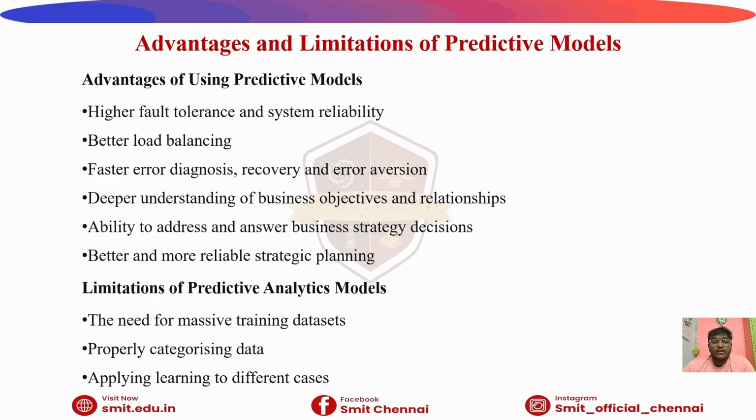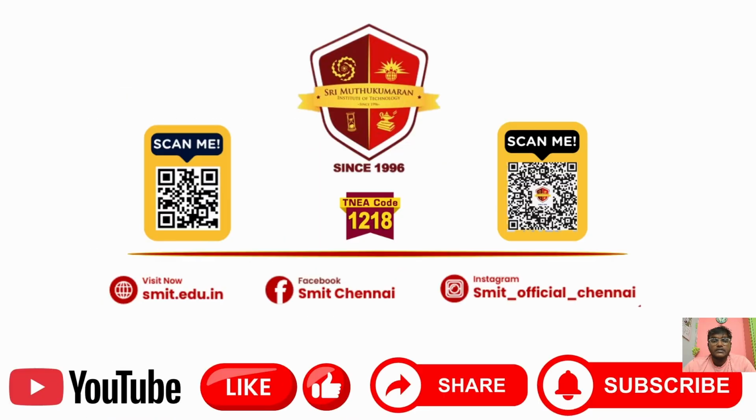They require ongoing maintenance as conditions change. They are often black boxes, hard to explain why a prediction was made. Understanding these limitations helps us use predictive models appropriately, as tools to inform decisions, not replace human judgment.